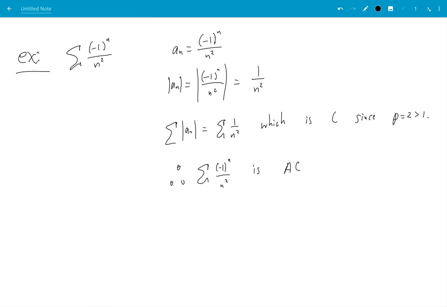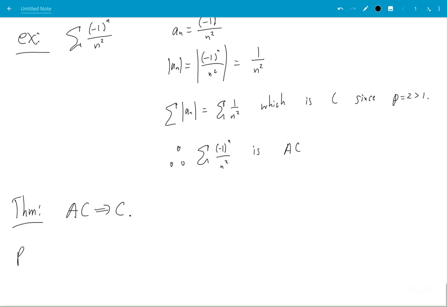Okay, so if it's absolutely convergent, does that mean it's convergent? And the answer is yes. Very simply, AC implies C. Absolute convergence implies convergence. And you can give a little proof here.